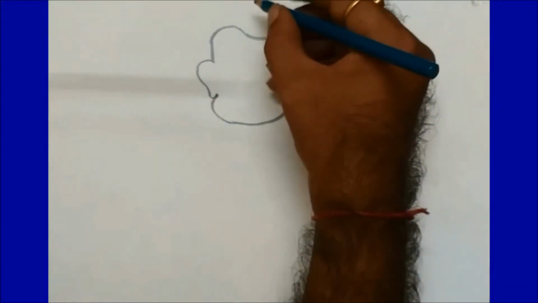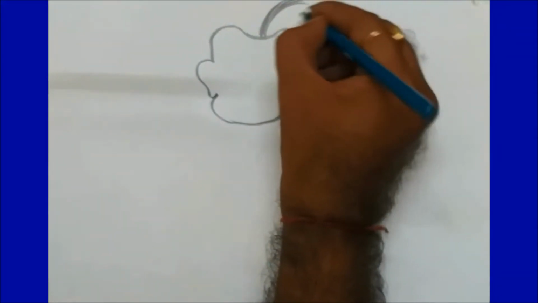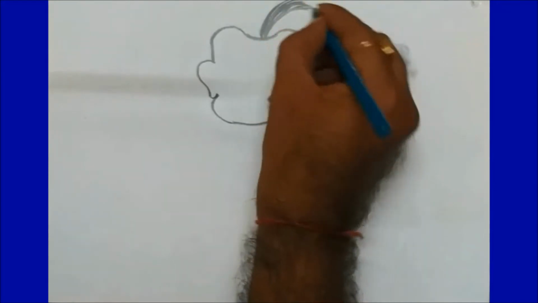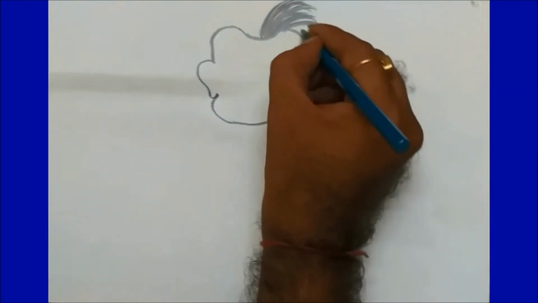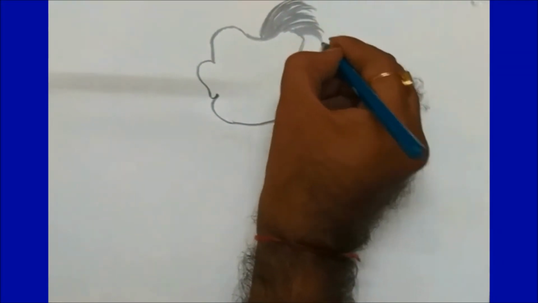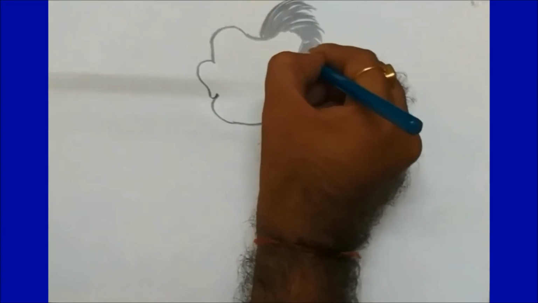Now I want to make the hair, few hairs. I'm giving a few strokes which are going in a curve. A few strokes there, I am giving strokes for making hair. Now again you can make it there.